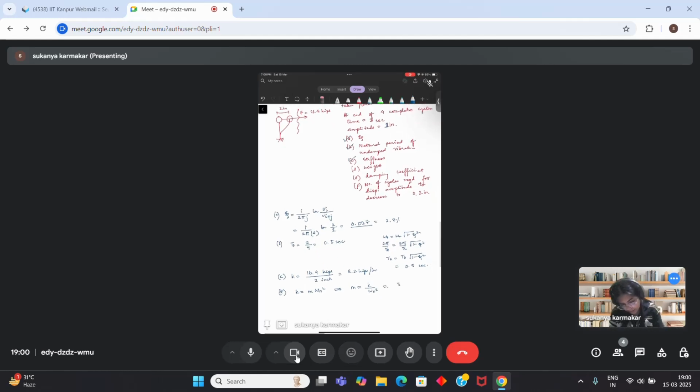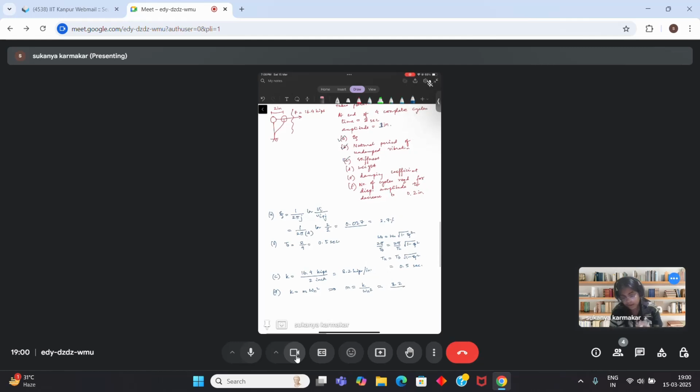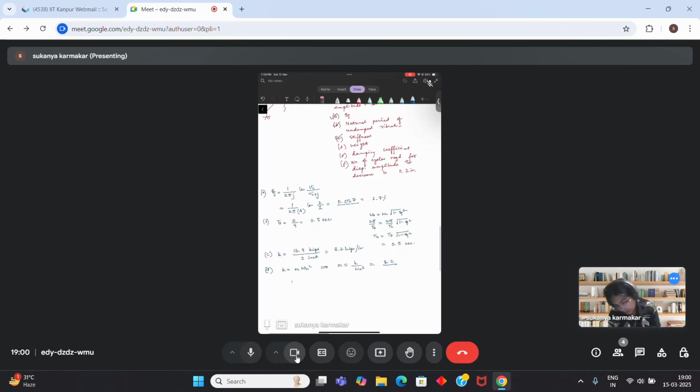K is 8.2. And can someone calculate what will be the value of omega n? Omega n is 2 pi by time period. 2 pi by... so 4 pi if you substitute it here.